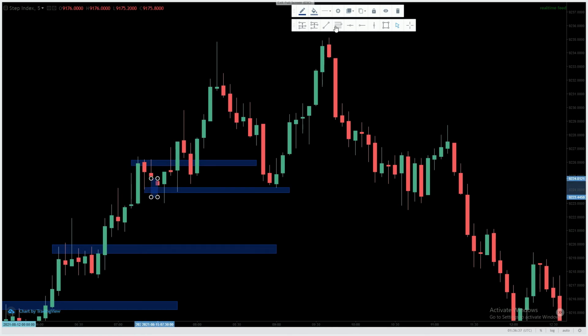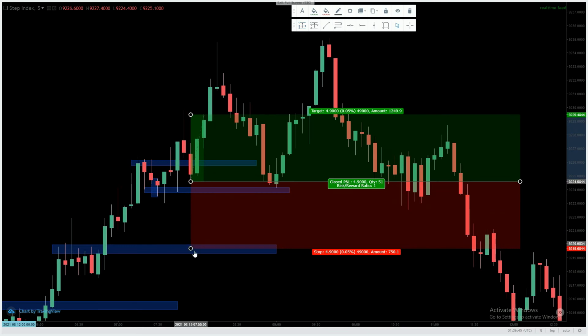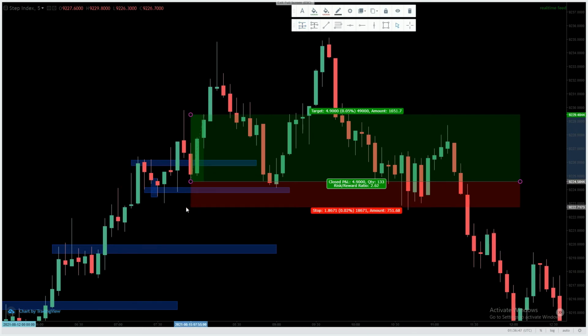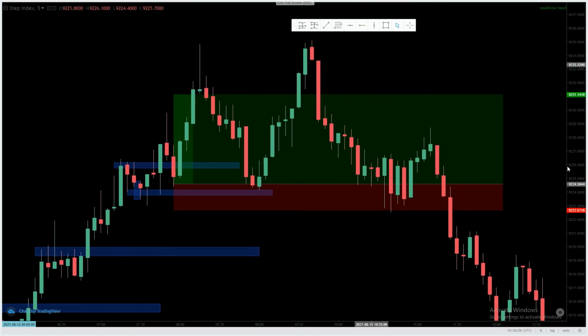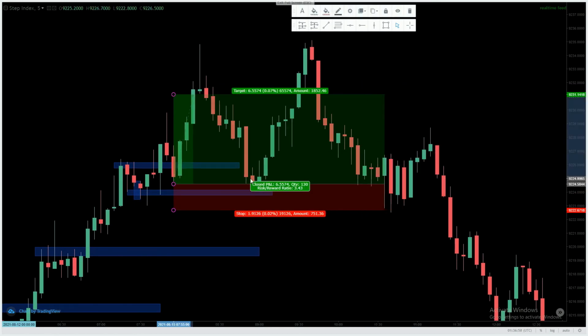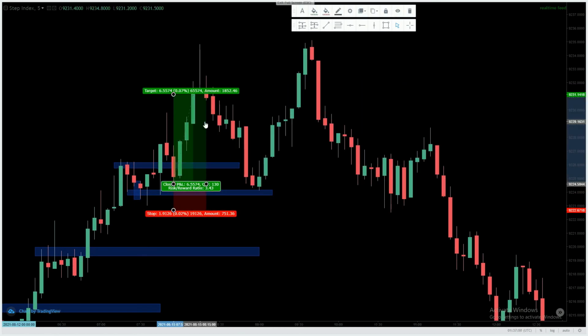If you are going to take a trade here, then maybe you put your stop below this candle, below this wick, then go for 1 2 3, and you are good to go.